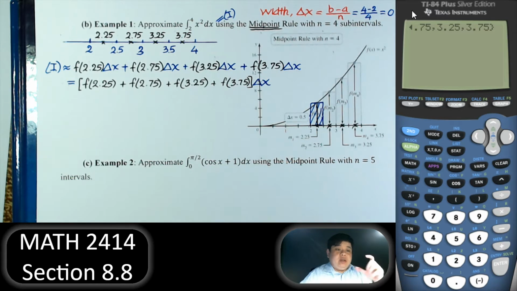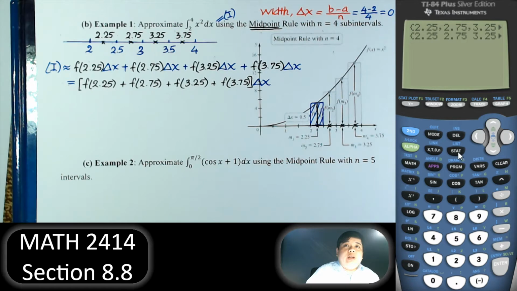After entering all the numbers in the list, we hit the store key, STO, and store that into list 1. You see above the number 1 there's an L1. So list 1 will contain all those 4 points.